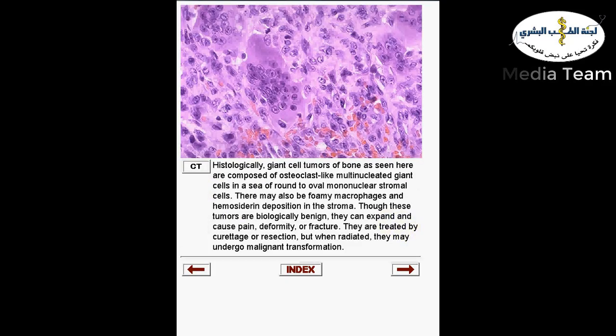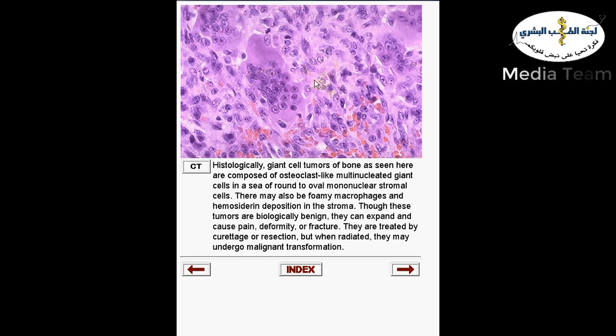Why do we call it giant cell tumor? Simply because under the microscope it's composed of huge, multinucleated giant cells. Now, you can see a lot of giant cells in this picture, and in between the giant cells we have mononuclear cells. But the mononuclear cells have the same nuclei as the giant cells. They have the same morphology.